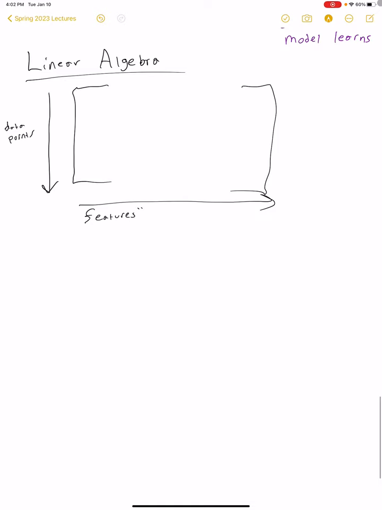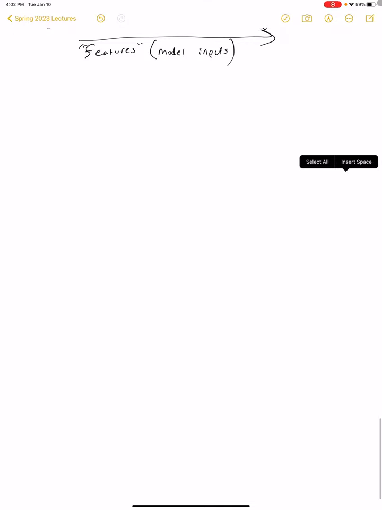It's a new vocab word, but these are the model inputs. And you have a bunch of numbers, etc. So I don't want to go into more detail than that. I'm just trying to motivate things. But because we represent our data as matrices and as vectors, naturally linear algebra is going to come into play. And we'll see exactly how in many of our classes.